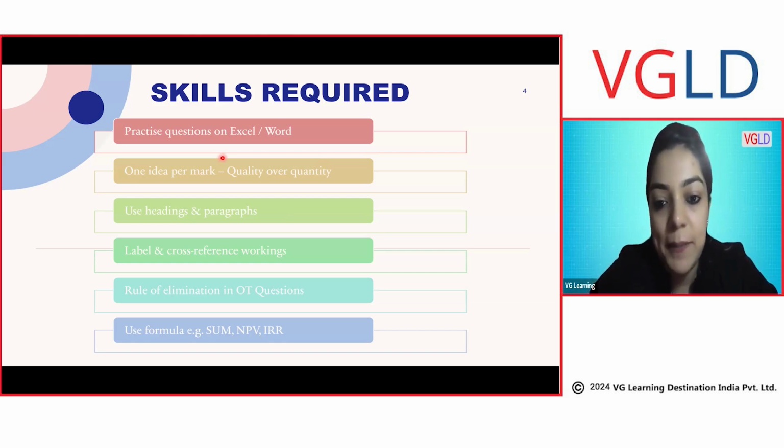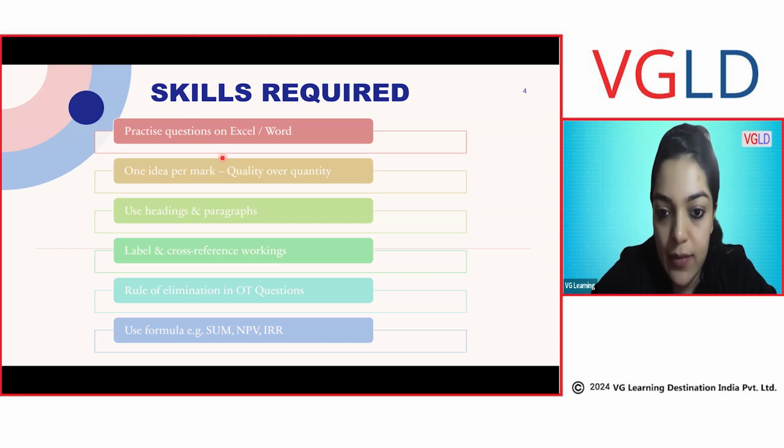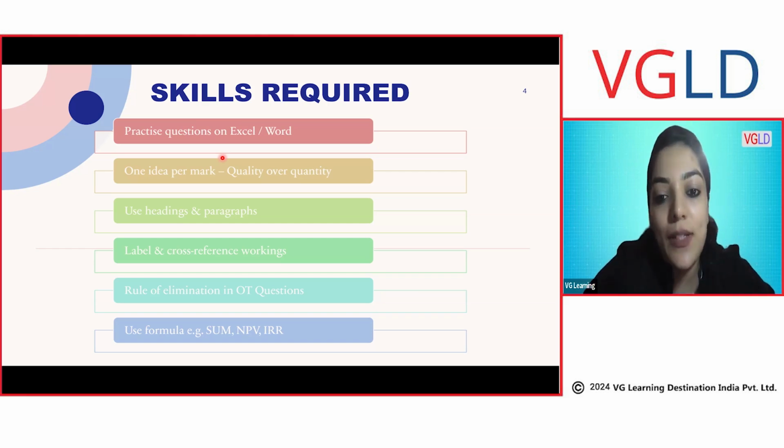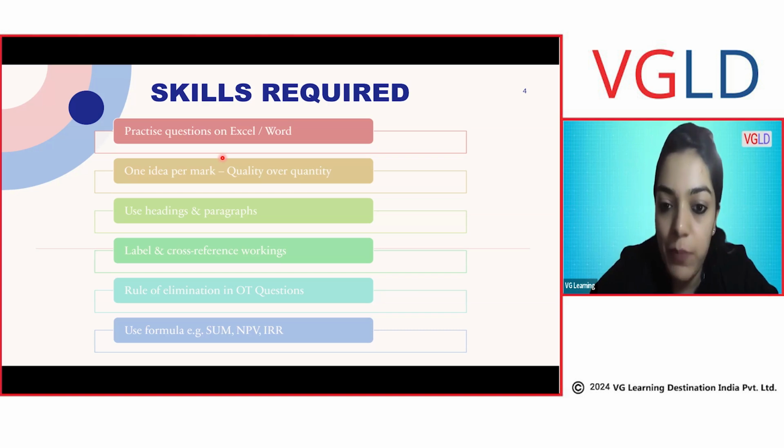Now, let me be very clear. It's not expected that you write lengthy answers to score marks. You need to present unique ideas and thoughts in your answer to score the marks. Okay? So, if a question is coming to you for 5 marks, ideal length, because I get this a lot of times, ma'am, what is the ideal length of an answer?